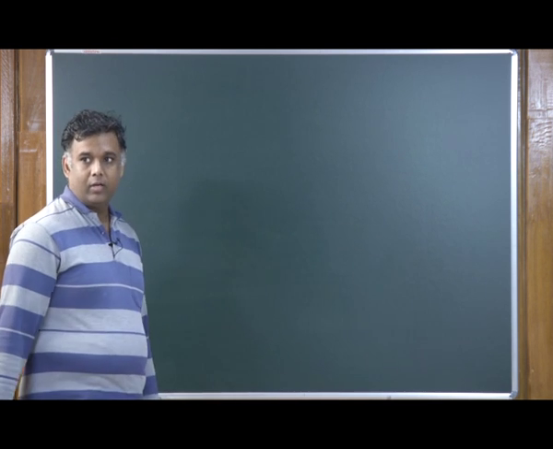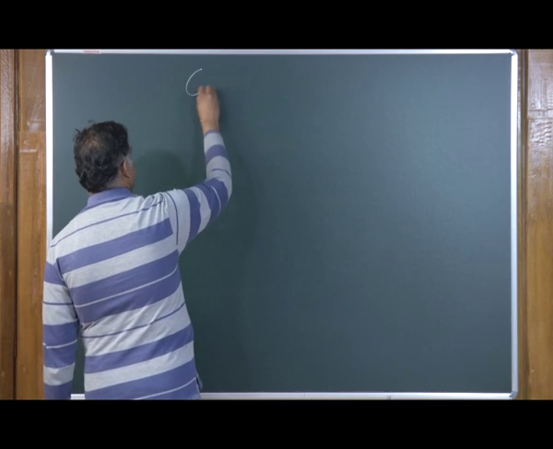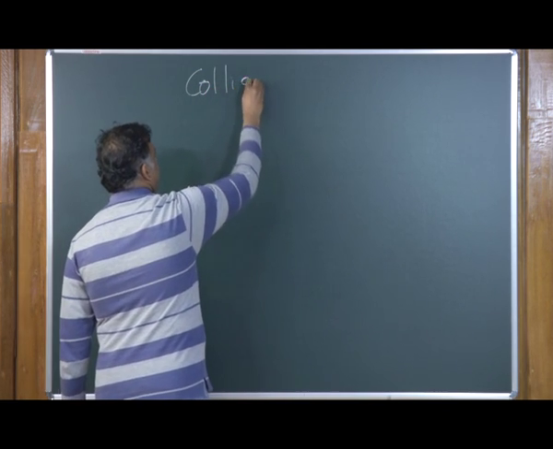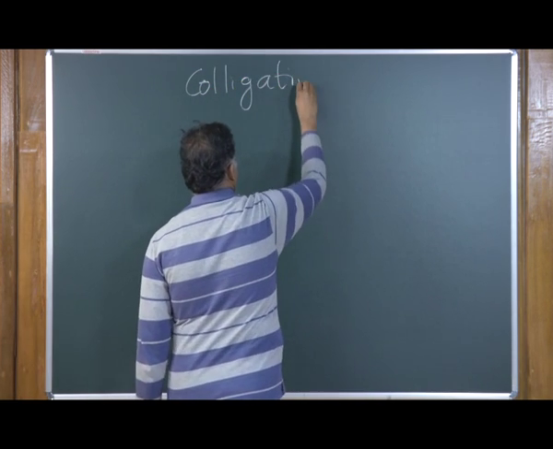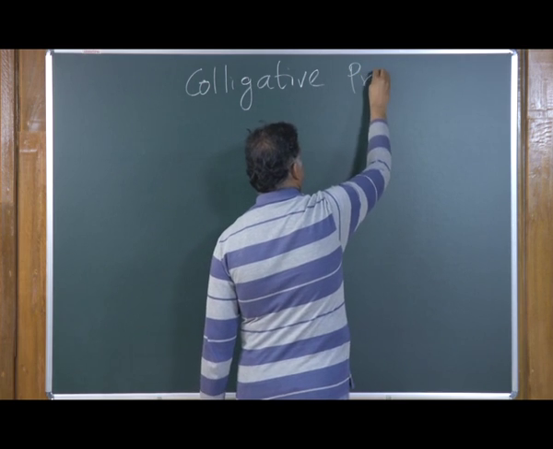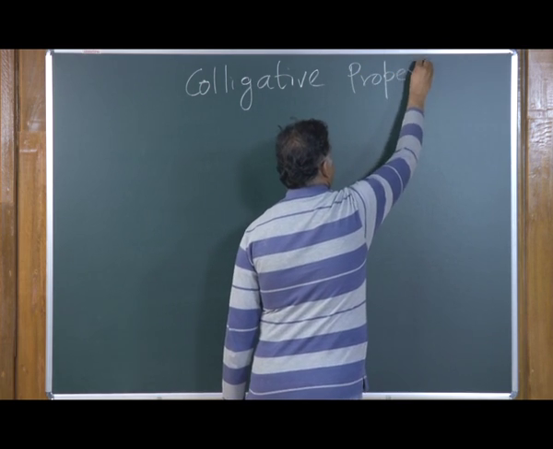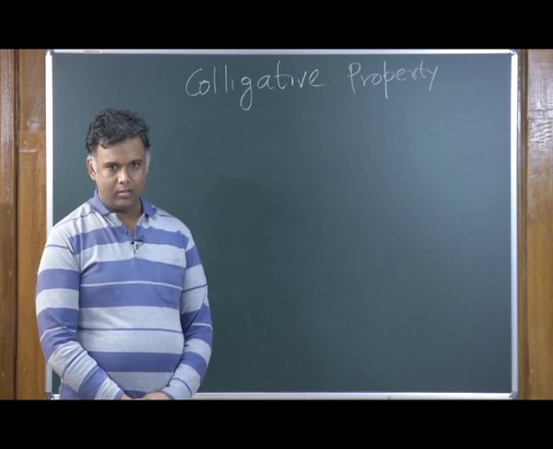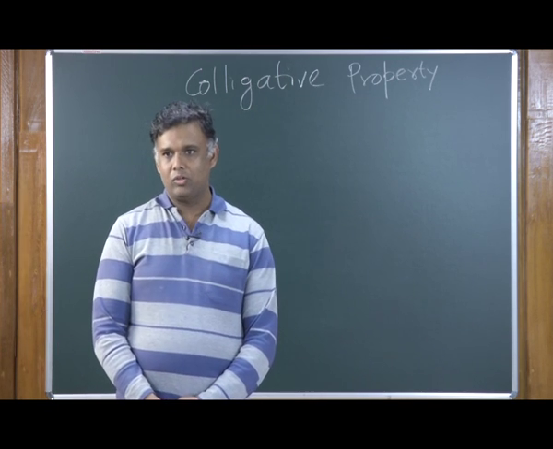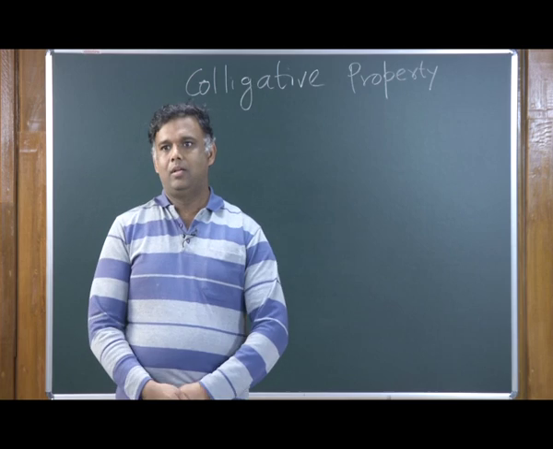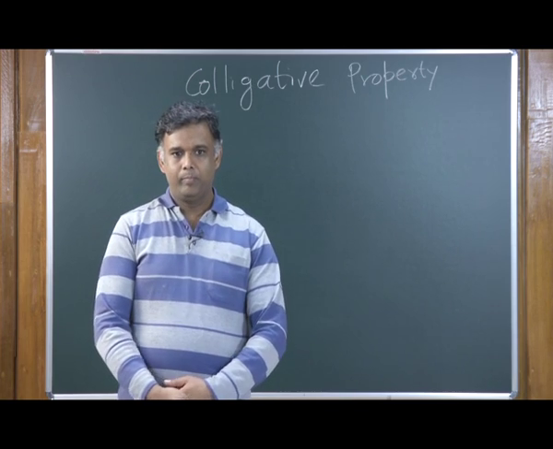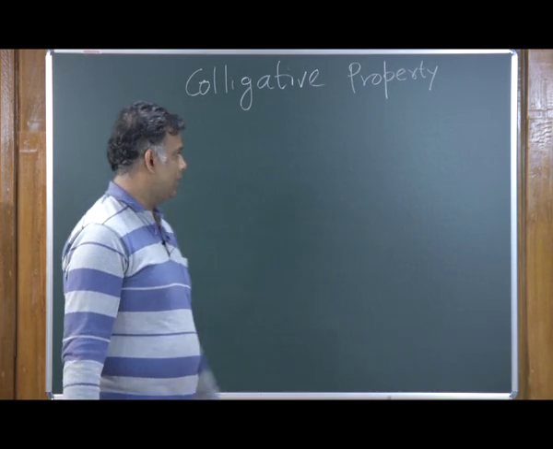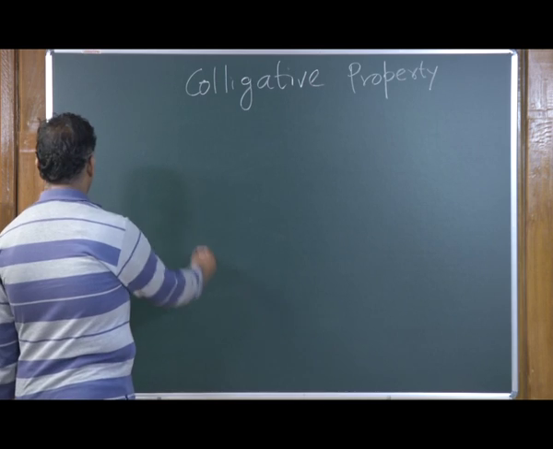So, the next topic which we are going to discuss is colligative property. We have already learned that the vapor pressure of solvent in a solution is less than the vapor pressure of pure solvent, and this relationship is given by Raoult's law.